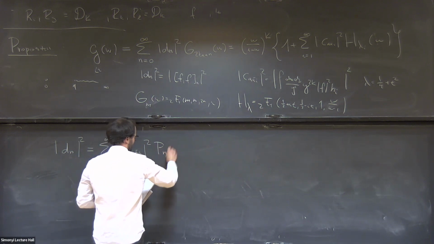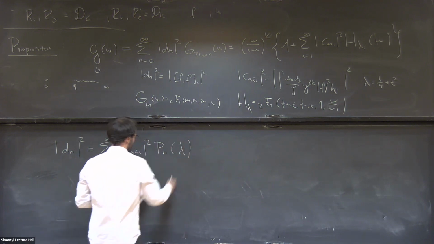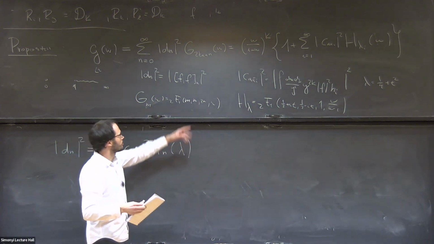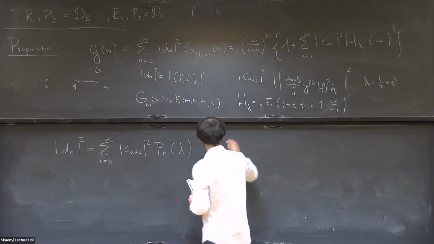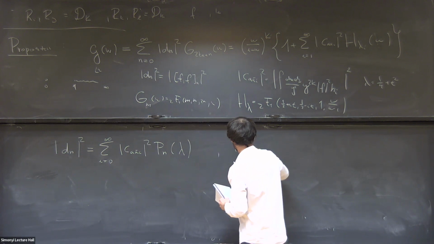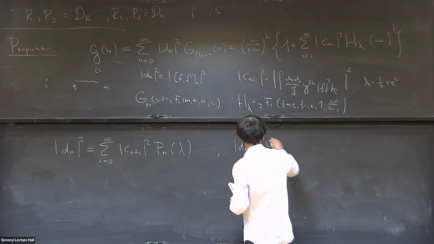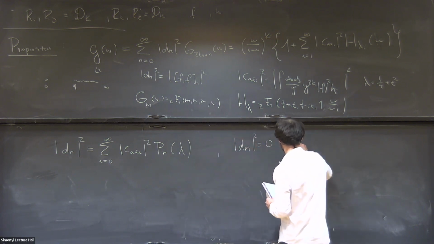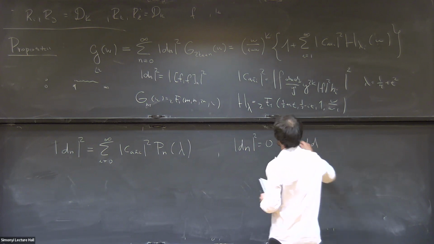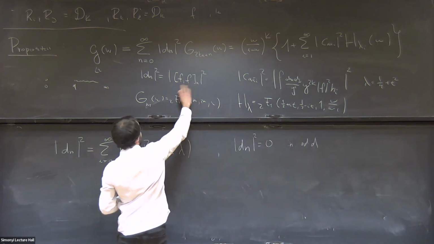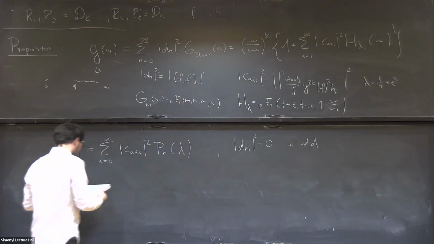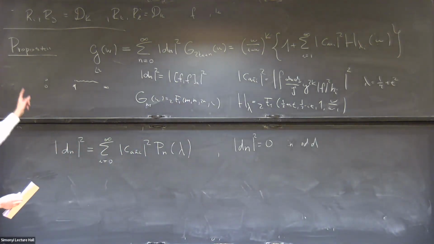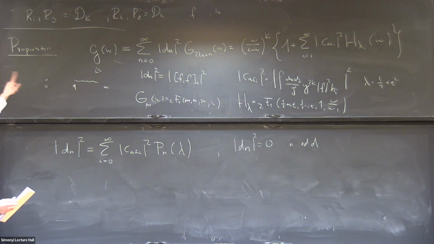And there's some polynomial of order n, which is computable from these functions. Another important thing is that dn vanishes for n odd, because f is the same as f. For n odd, it just vanishes, which reflects the symmetry of our original choice, that the Ri, Rj are the same thing.